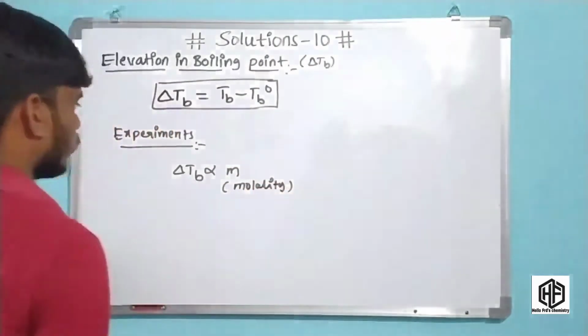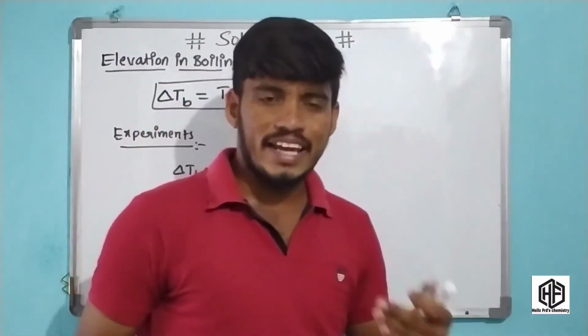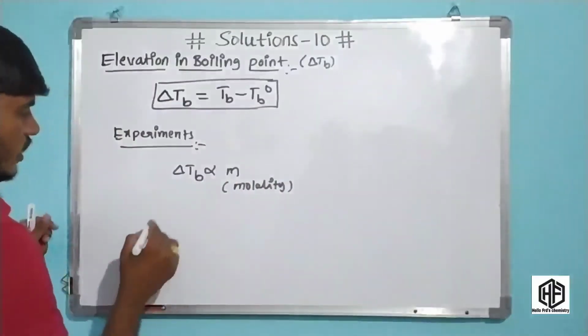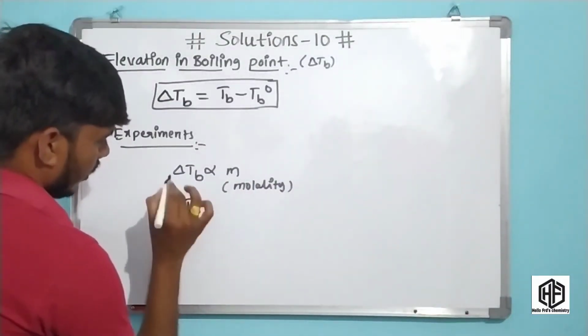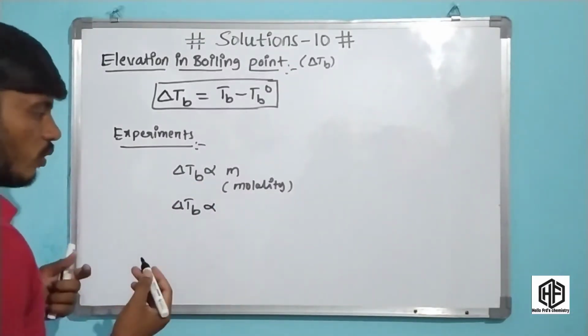Experimentally, the elevation in boiling point is directly proportional to the molality. Delta TB is directly proportional to molality. What is molality, friends?